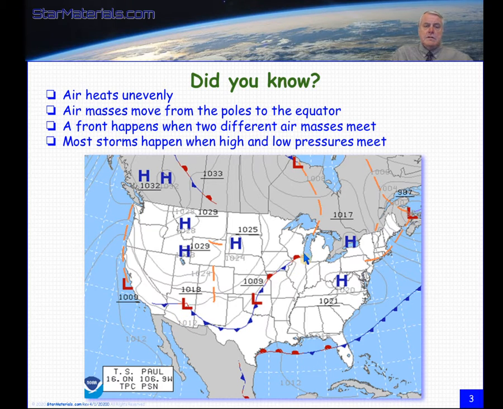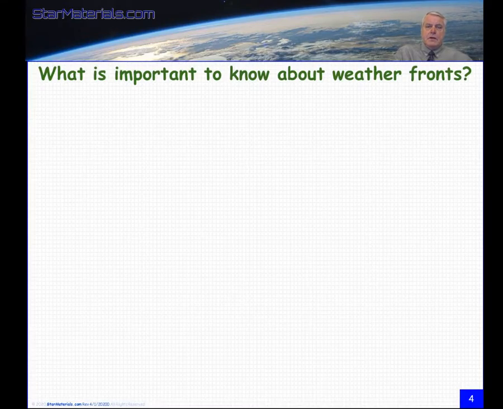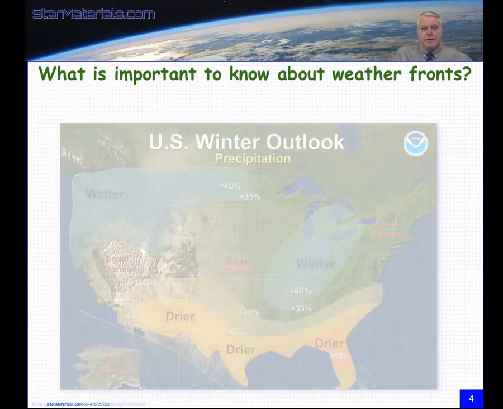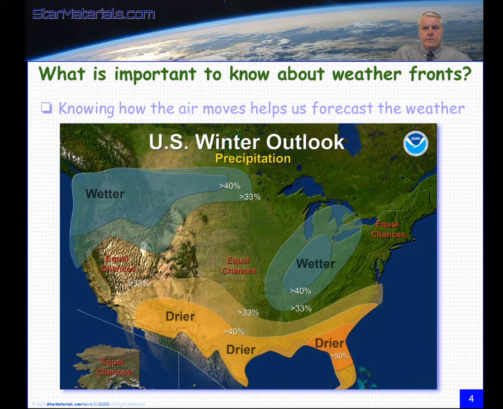So, let's dig a little deeper. What's important to know about weather fronts? Well, knowing how the air moves helps us forecast the weather. This is a winter outlook, a forecast for an entire winter.